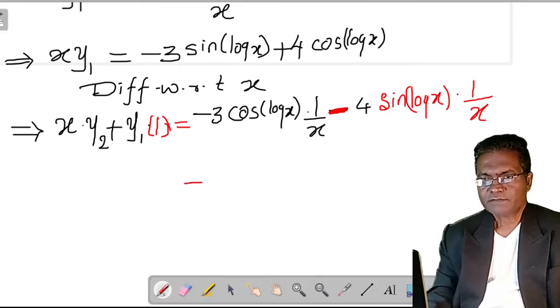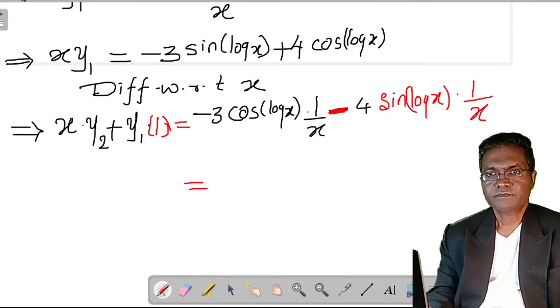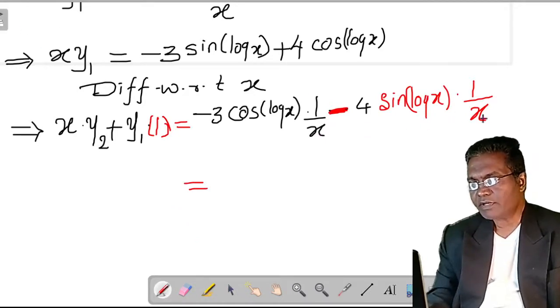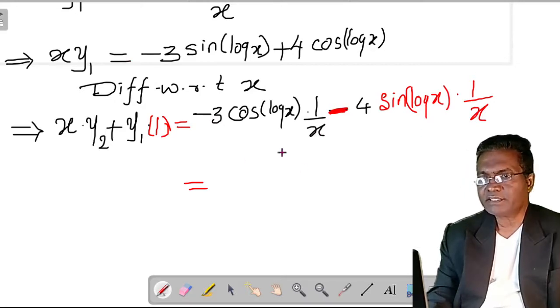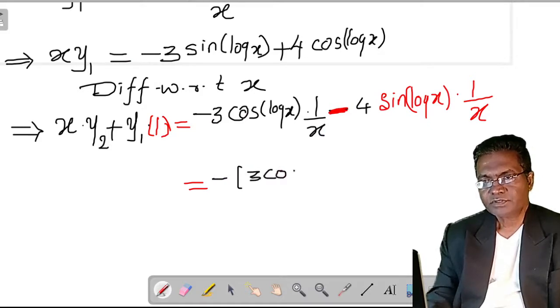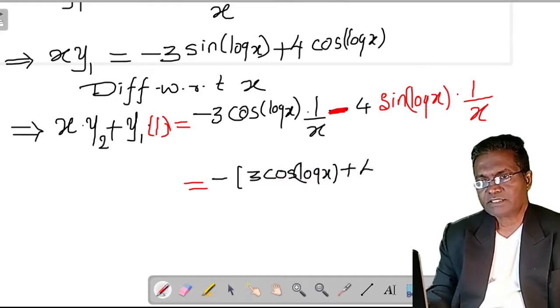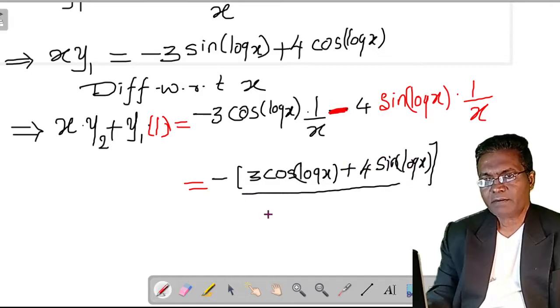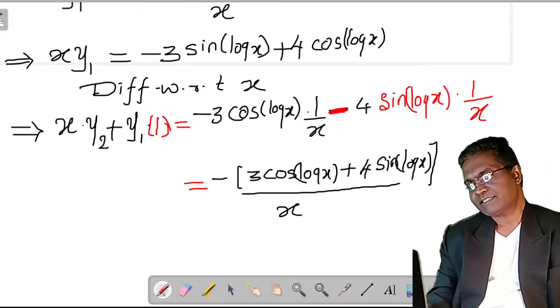Now see here, we have x common in the denominator and minus in the numerator. So I can write in this form: minus outside, 3 cos of log x plus 4 sine of log x, because minus is taken outside, so it becomes plus, divided by x.